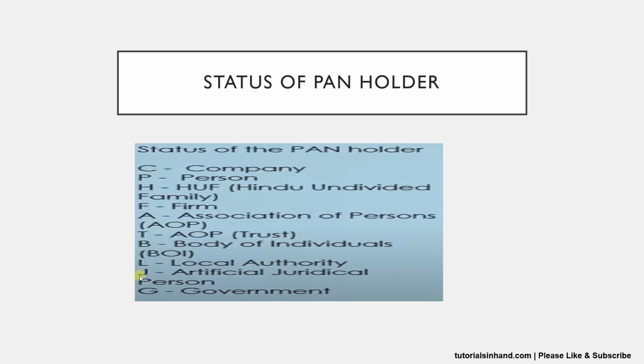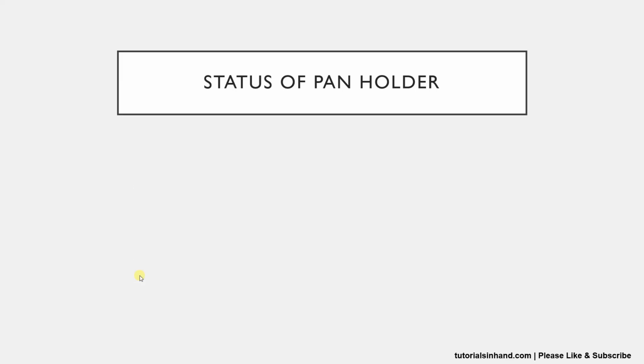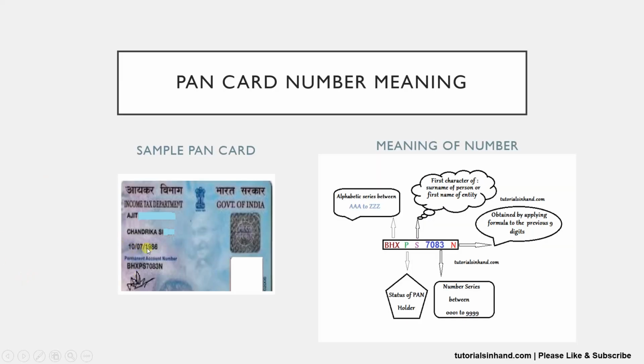Concluding this video, I would like to say that PAN card is actually one of the most important documents in India, and it can be misused. So I would rather suggest my viewers to make sure that they don't just distribute the photocopy of the PAN card or PAN card number to any individual who should not be getting hold of it, because they can misuse your PAN number, as it contains the important informations like your date of birth, which is one of the very sensitive informations, and then it contains your signature as well, and it contains the PAN number.